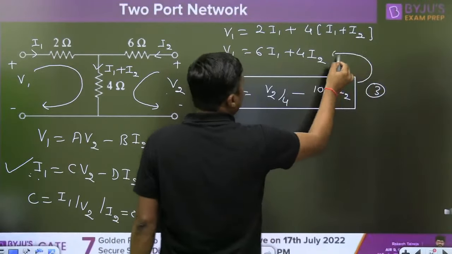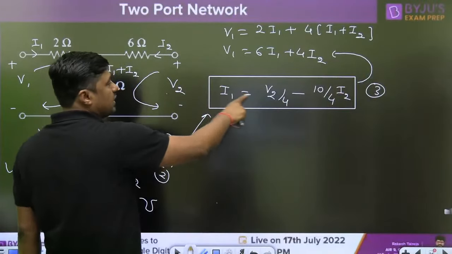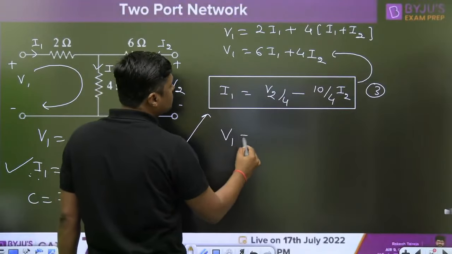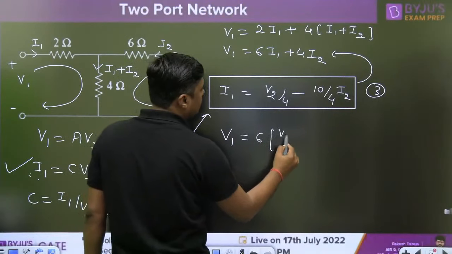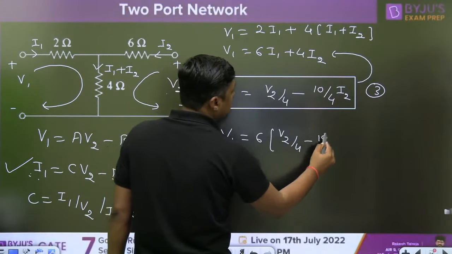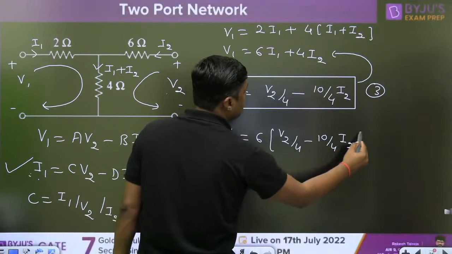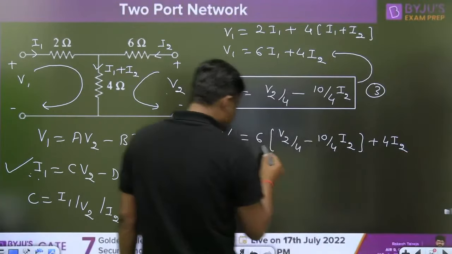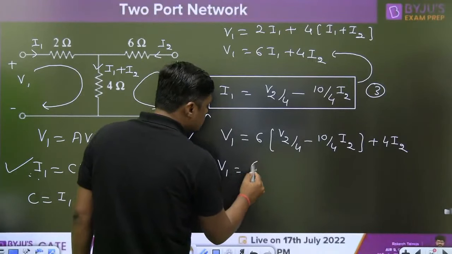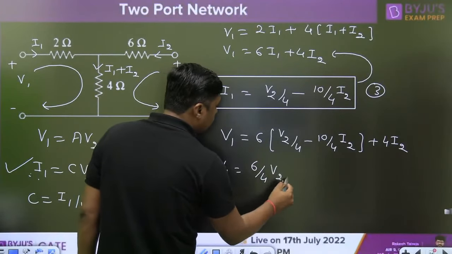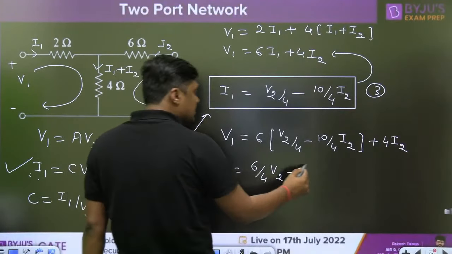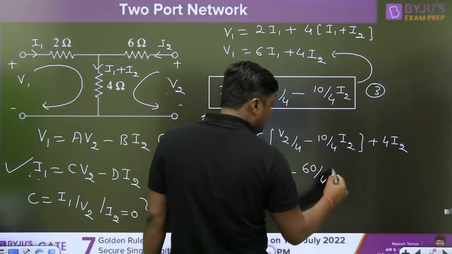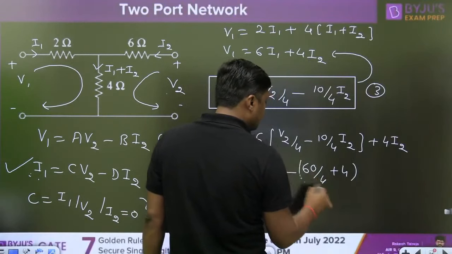And now put this equation, because already we have I1 in terms of V2 and I2. Put this equation, you are going to get V1 is equal to 6 times V2 by 4 minus 10 by 4 I2 plus 4 I2. Okay, solve this. 6 by 4 V2 minus 60 by 4 I2 plus 4 I2.